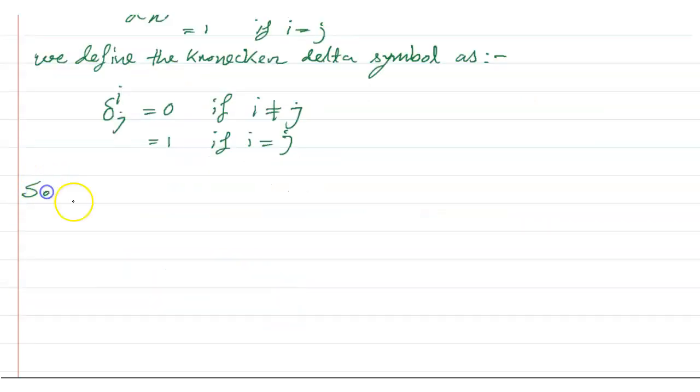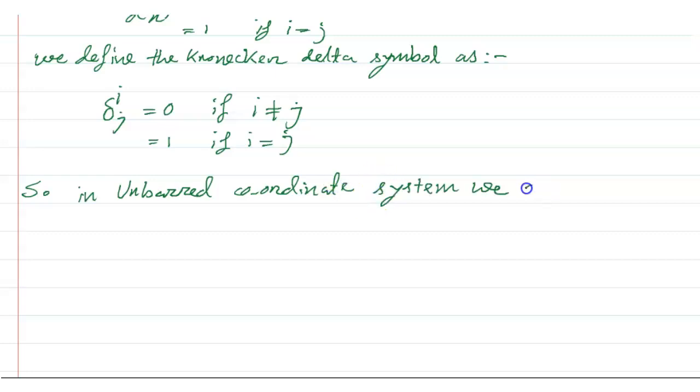So in the unbarred coordinate system, we can say delta ij is equal to dx superscript I and dx superscript j.